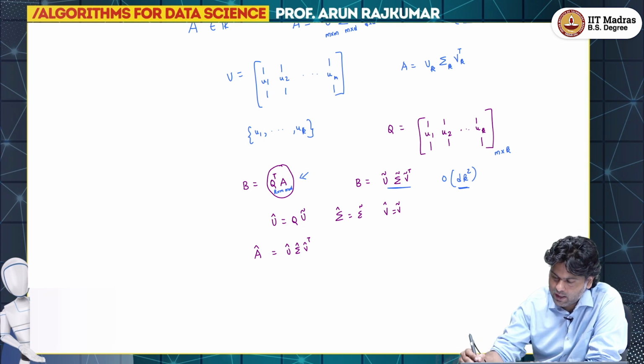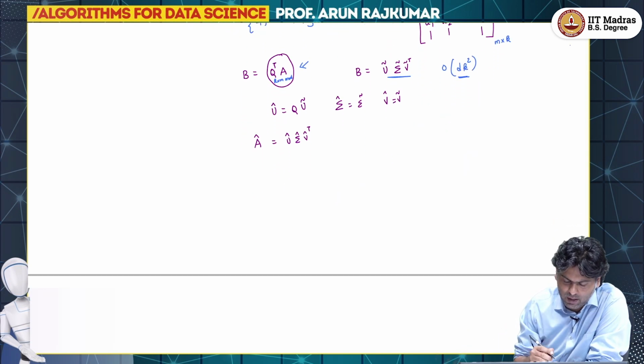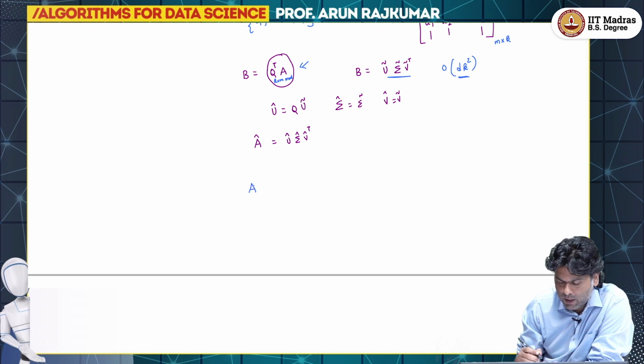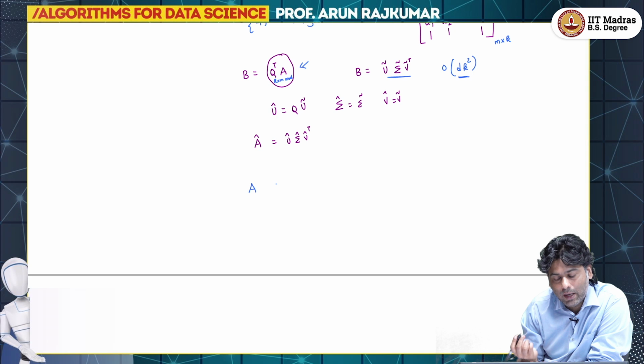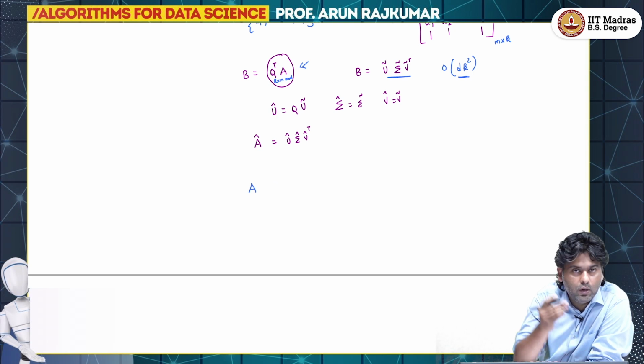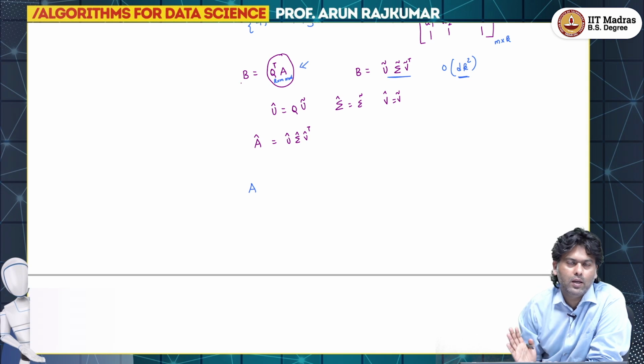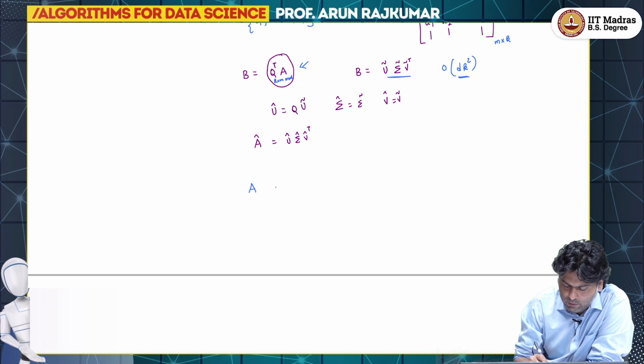So we also said that essentially what we have done is we had the original A, but then we are approximating A using this whole technique of going to B and then doing the SVD, and then lifting it back by pre-multiplying by Q, which is like saying that we are approximating A by Q Q transpose A, right.